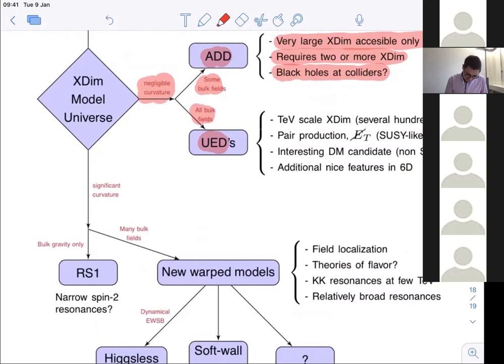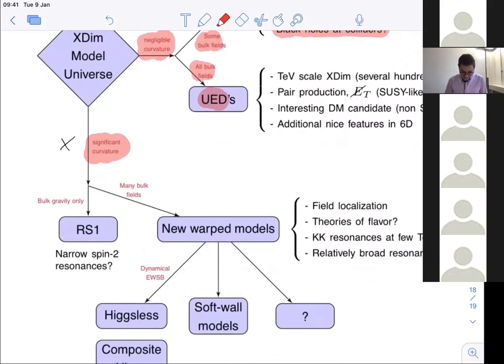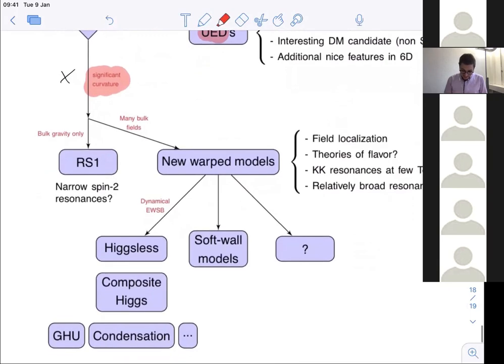The second class of these extra-dimensional theories are the ones where we have significant curvature, a very curved space-time. In particular, that is the warped extra dimension. The first model was RS1, where we have gravity propagating in the bulk, and the rest of the fields are on the brane. The predictions of RS1 are narrow spin-2 Kaluza-Klein resonances.